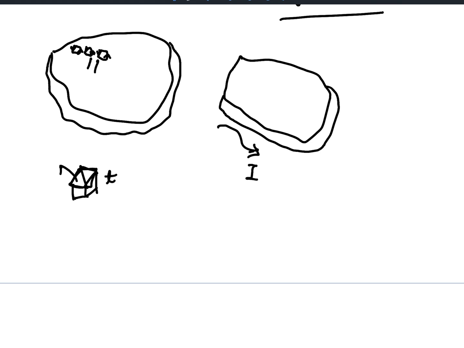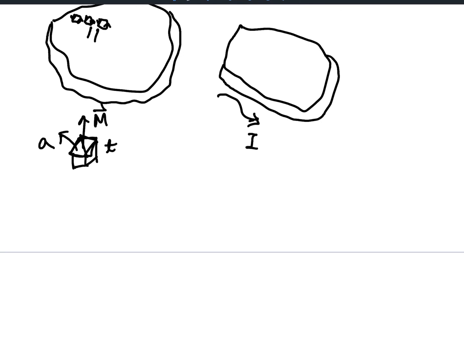That is t, and let us say the area is A. So we have the overall magnetization, but let us consider only this small one. The magnetization times the volume, because magnetization is defined per unit volume, so this is the area times the height.